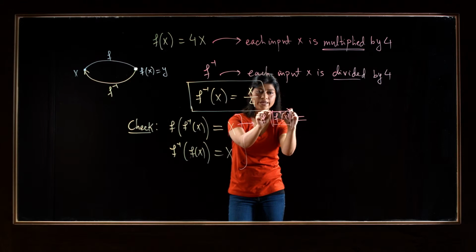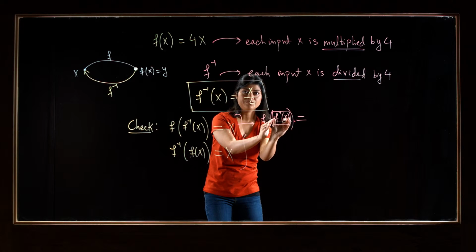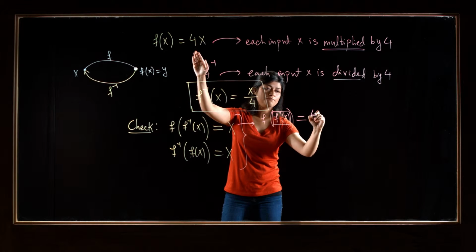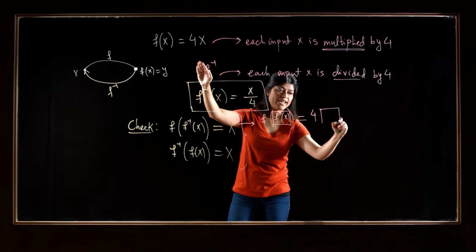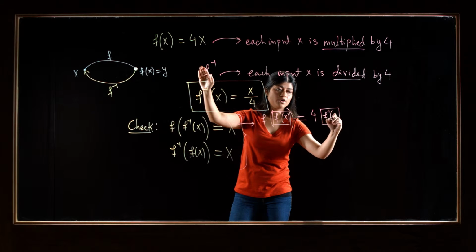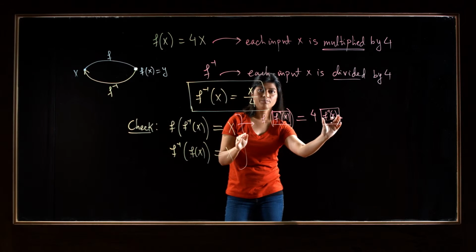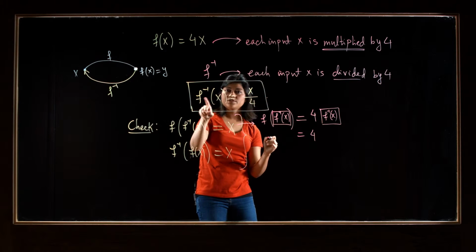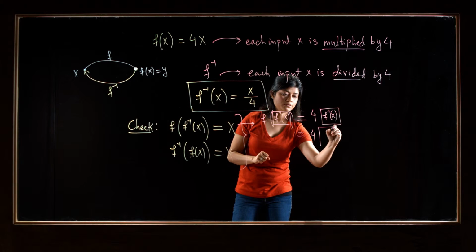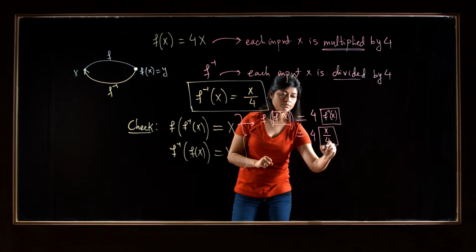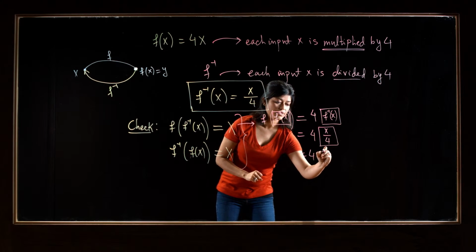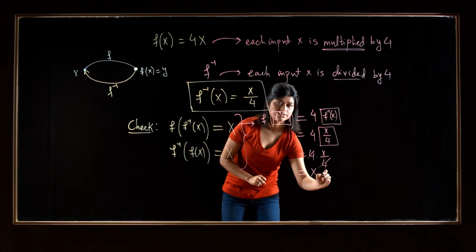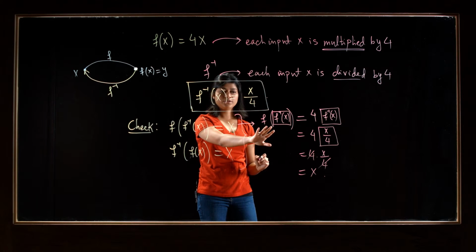It's almost like there is an empty box and you have f inverse inside that box. In the expression for the function, you will have 4 times, instead of x, that empty box, and you put f inverse in that box. So this is 4 times x over 4, which means the 4 cancels and you do get x. So the first one is true.